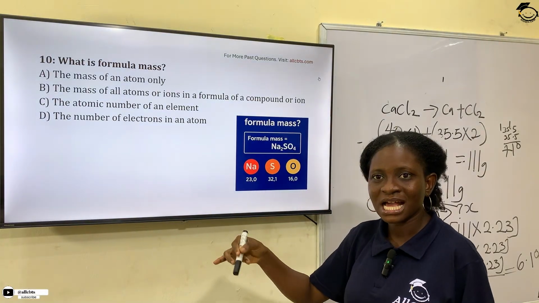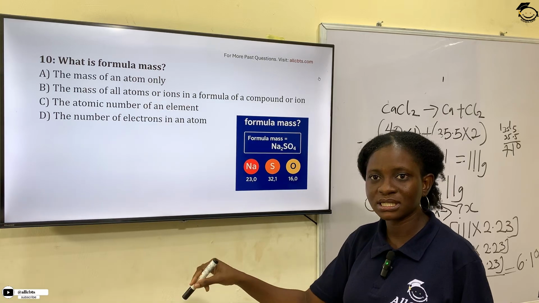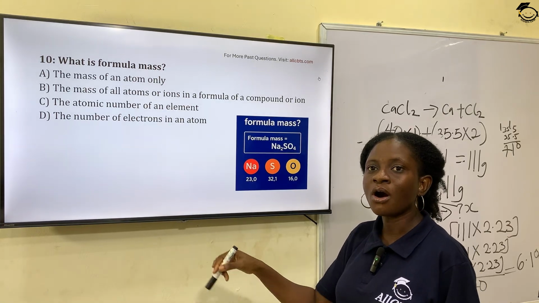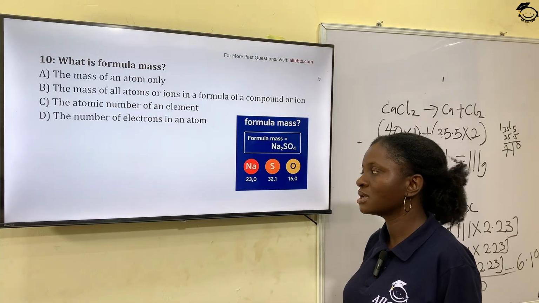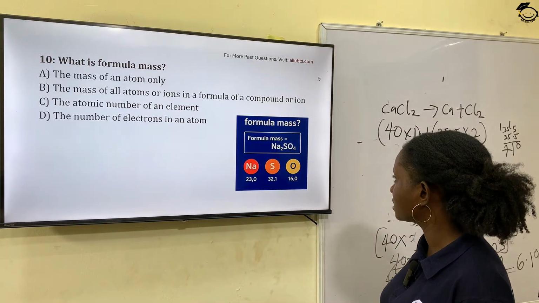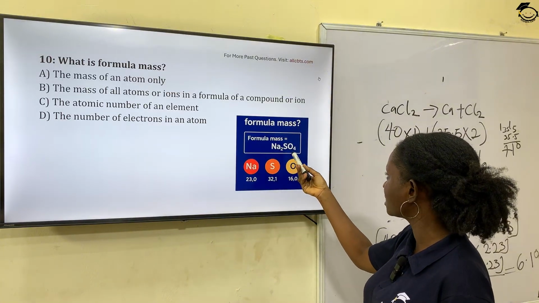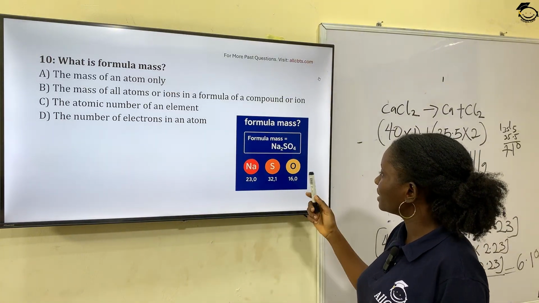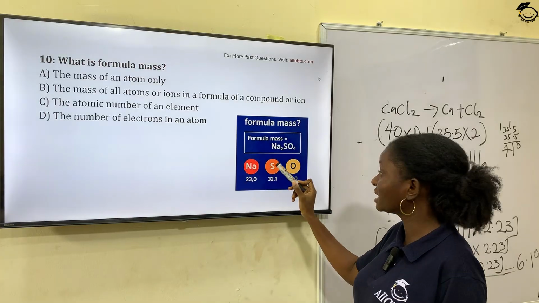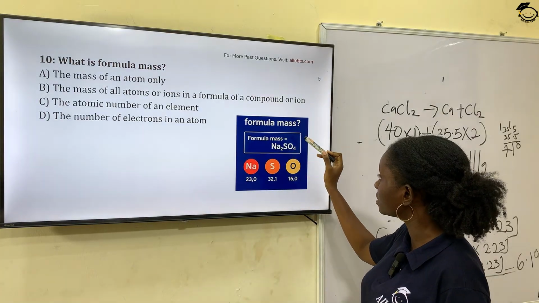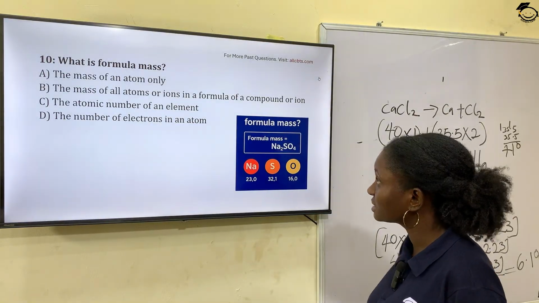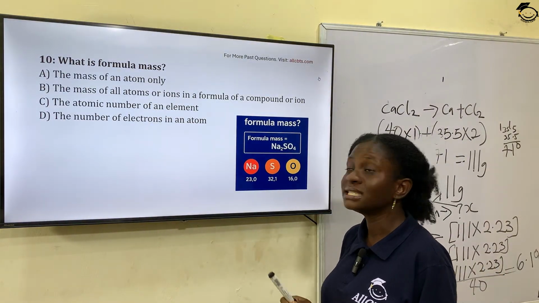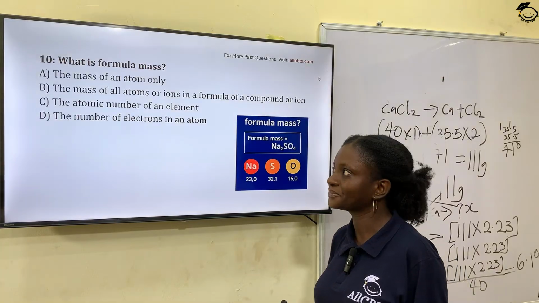Formula mass in that aspect is the sum of all the ingredients that make up the product. For example, the formula mass is the addition of the sodium, sulfur, and oxygen. That's formula mass.